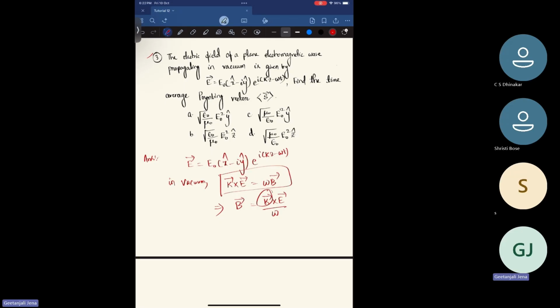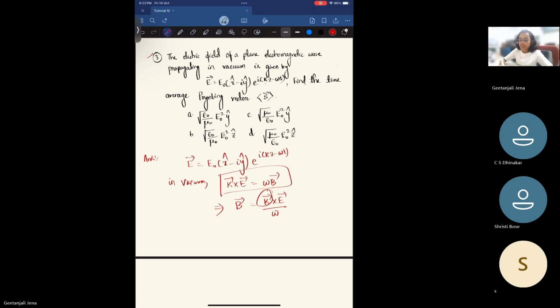But k is nothing but the coefficient of the position coordinate. So it is in the z direction, so the unit vector will be in the z direction, but the magnitude will be k. So the k vector in total is k z cap.